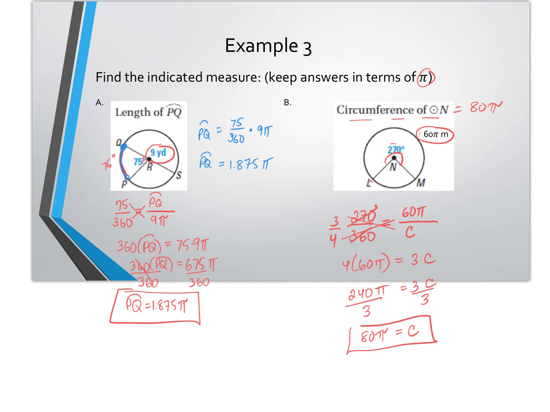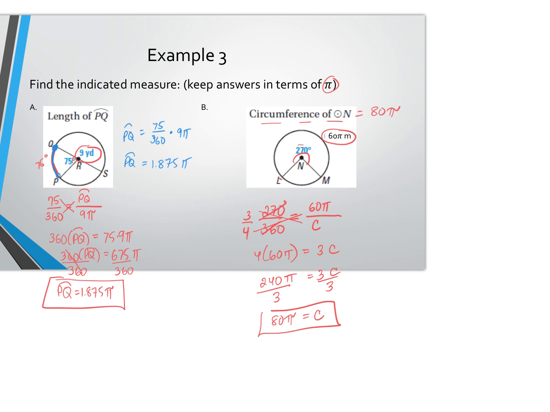If I wanted to do the other method, it would be, again, the arc length, which in this case, this big arc has a length of 60 pi, and the arc length is equal to the ratio of the arc degree over 360 times the circumference.